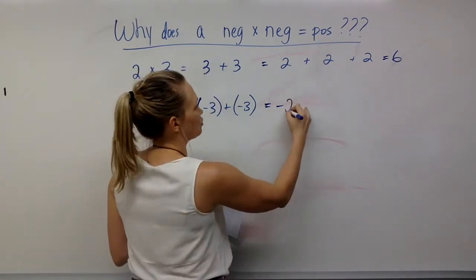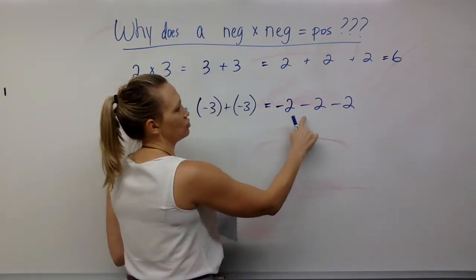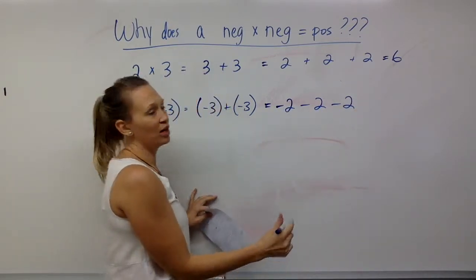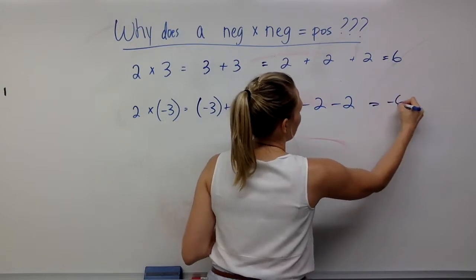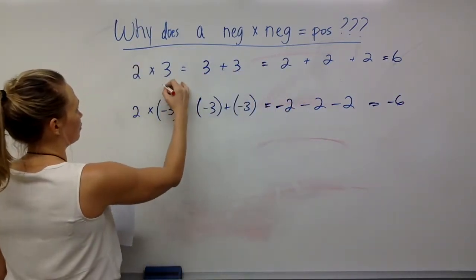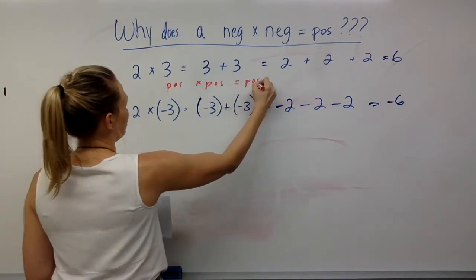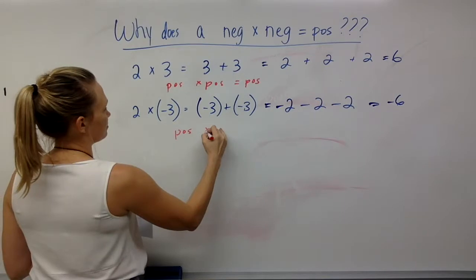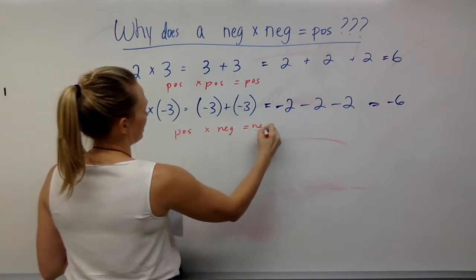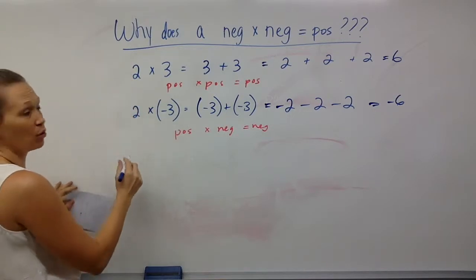The repeated subtraction of 2. Well, minus 2 minus 2 minus 2 is also negative 6. So I have proved to you a couple things, I think. I have proved to you that a positive times a positive equals a positive, and a positive times a negative equals a negative.